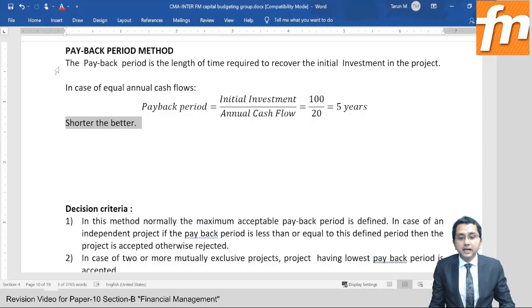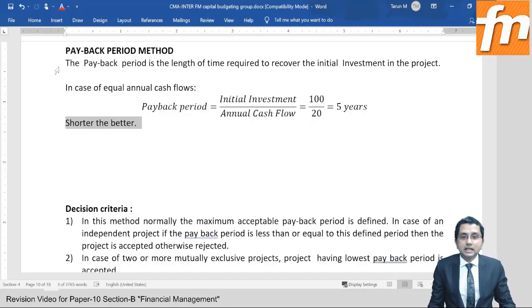But in case of a single independent proposal, how do I take decision with payback period method? Definitely I need a cutoff period. Suppose the management decides that the cutoff period is 4 years. Now if I calculate payback period for a project and it appears to be 5 years while cutoff is 4 years, I definitely reject this proposal.